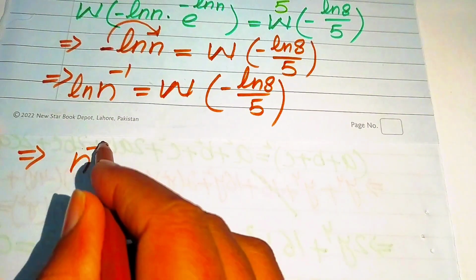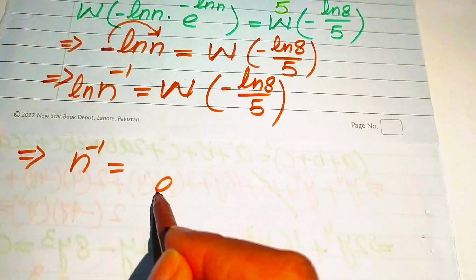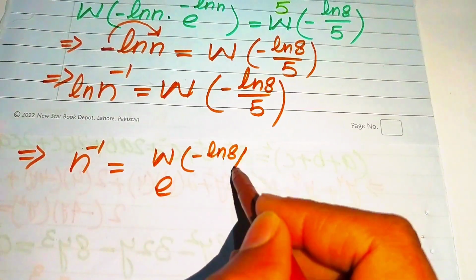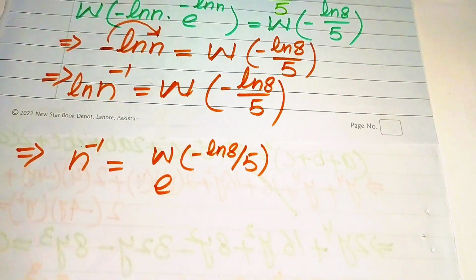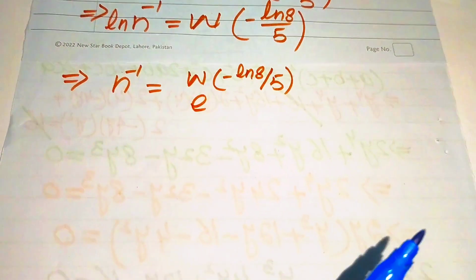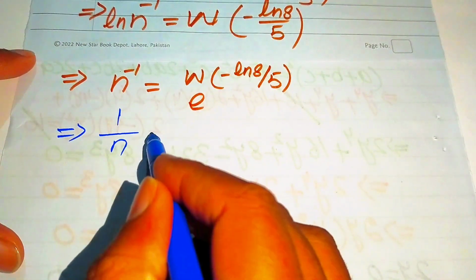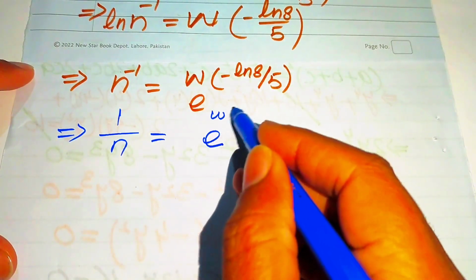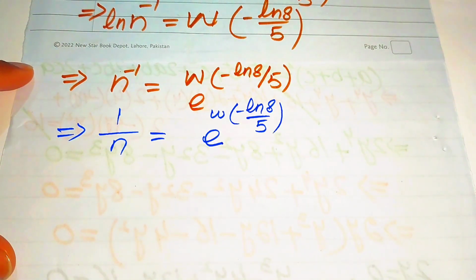After taking the anti-log on both sides, the left hand side is n inverse, and in the right hand side we have e to the power of W of minus log 8 divided by 5. We simplify this: n inverse is 1 over n, equals e to the power of W of minus log 8 divided by 5.